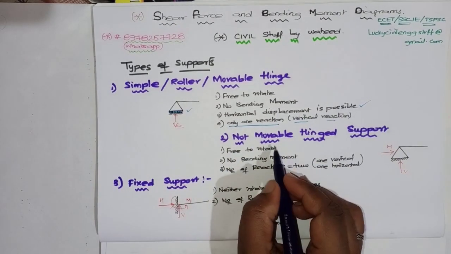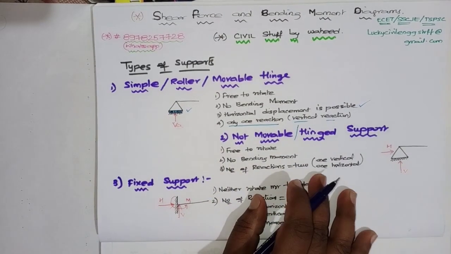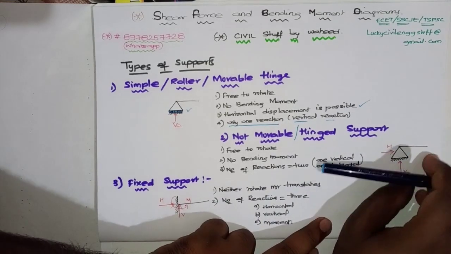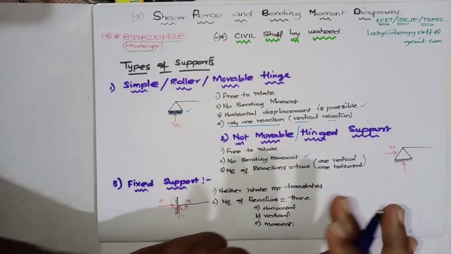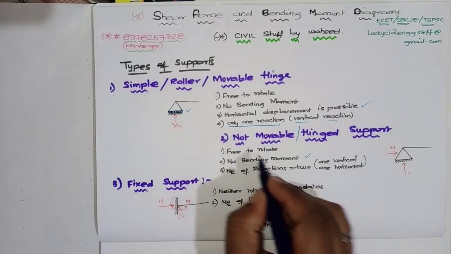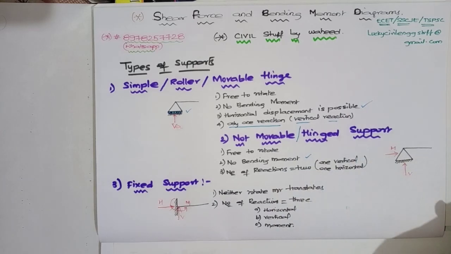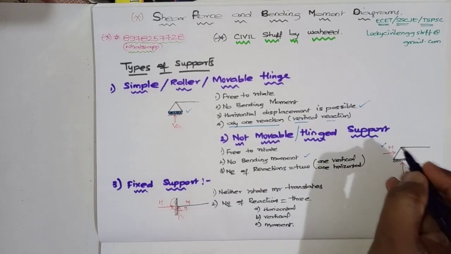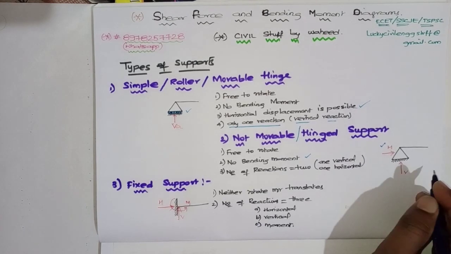Coming to the other type, the non-movable or hinged support. Here also it is free to rotate and no bending moment is developed, but because there are no rollers, horizontal displacement is not possible, so you can find the horizontal reaction and one vertical reaction.